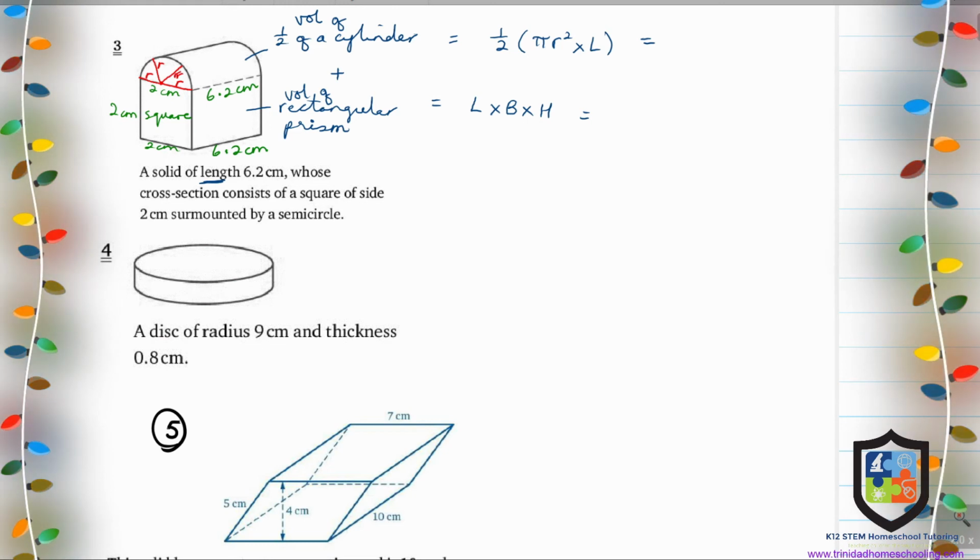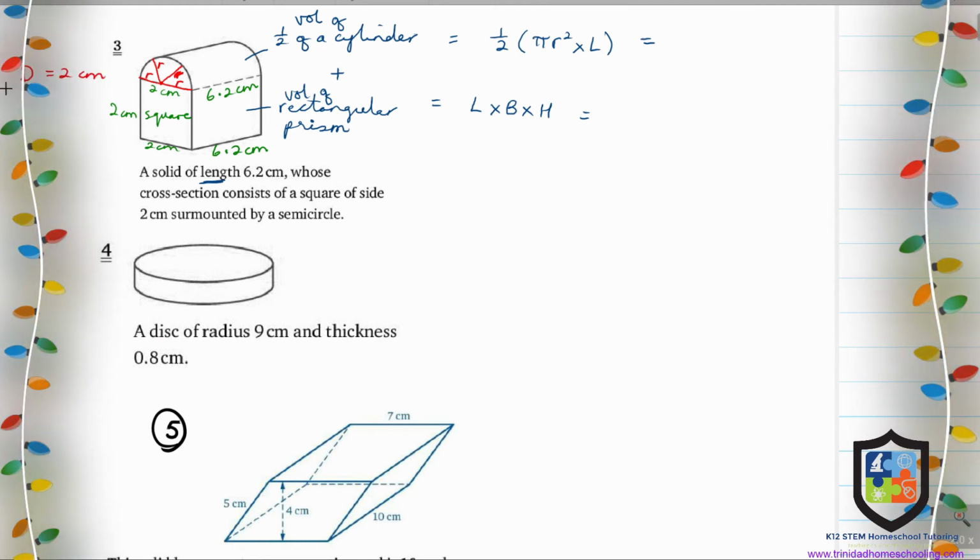Okay, now we know that the diameter here is the same as the side of a square. So if the diameter is equal to 2 centimeters, and in our previous lesson we know that the radius is a half of the diameter, it means that our radius here is a half of 2, which is equal to 1 centimeter. Alright, so our radius here is 1 centimeter.